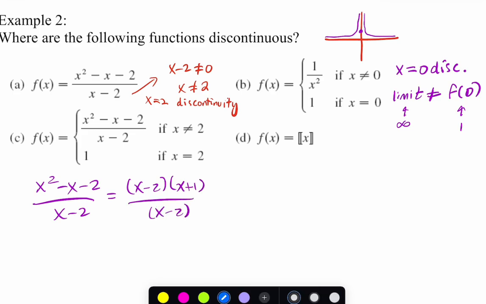If we were to factor the more complicated piece, so that piece is defined everywhere but 2, okay? If we factor out the x minus 2's and then divide, it just becomes this simpler version. So it's just a hole in a linear function.